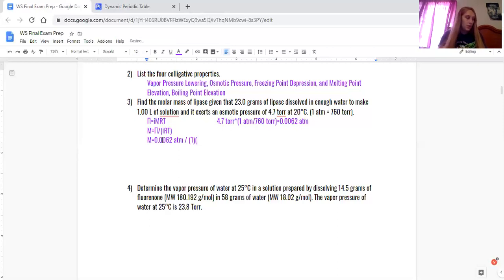Then R, which is our constant, and we're going to use 0.0821 liters times ATM over mole K, times our temperature.